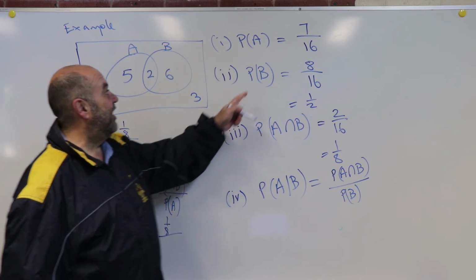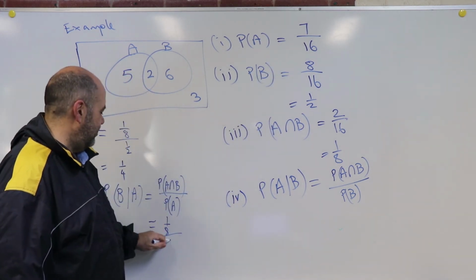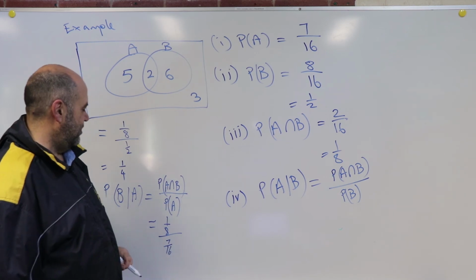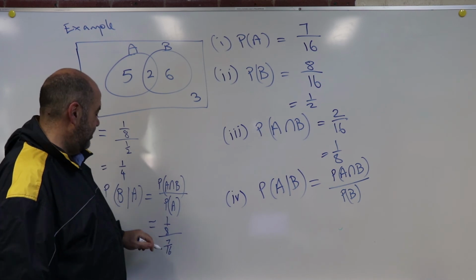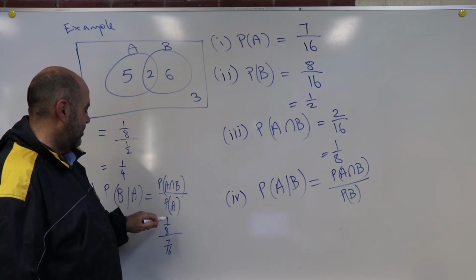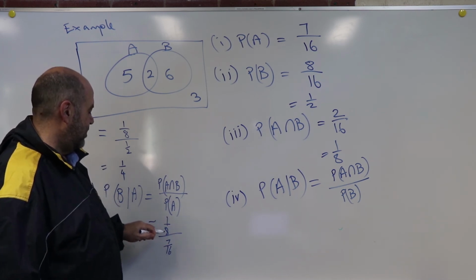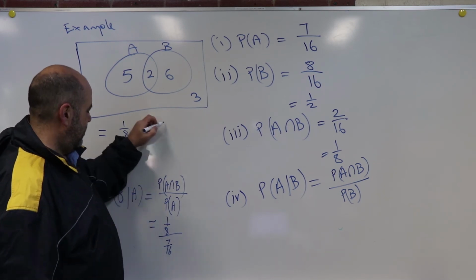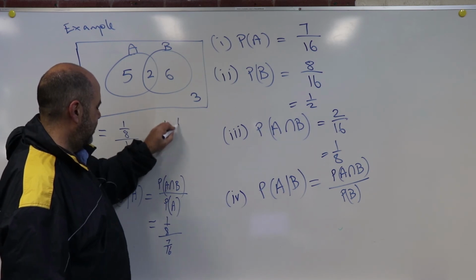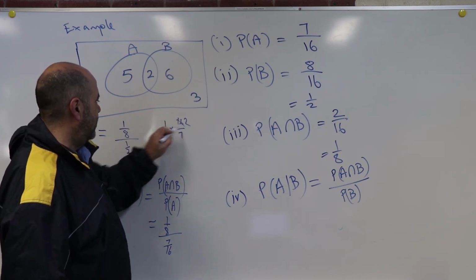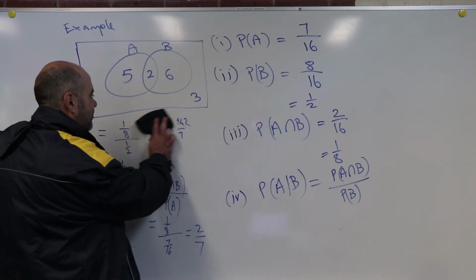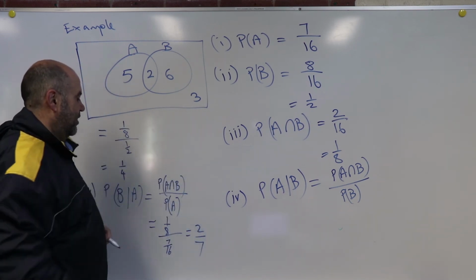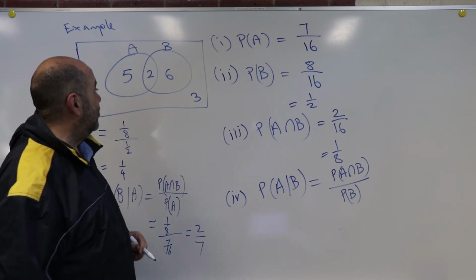The probability of A was 7 over 16. So when we invert and multiply there, that's 2 over 7. So the probability of B given A is 2 over 7.